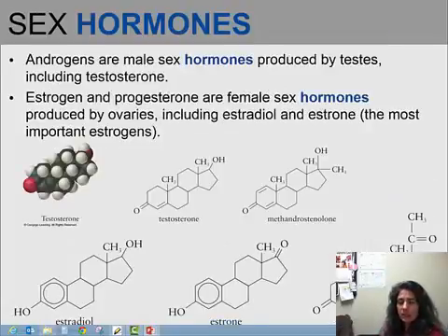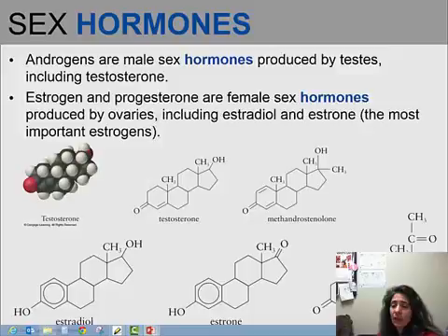Our sex hormones, so this just shows us the pictures of them, right? And we actually use progesterone in order to make testosterone, estradiol. So cholesterol to progesterone, and then we go on down the pathway.